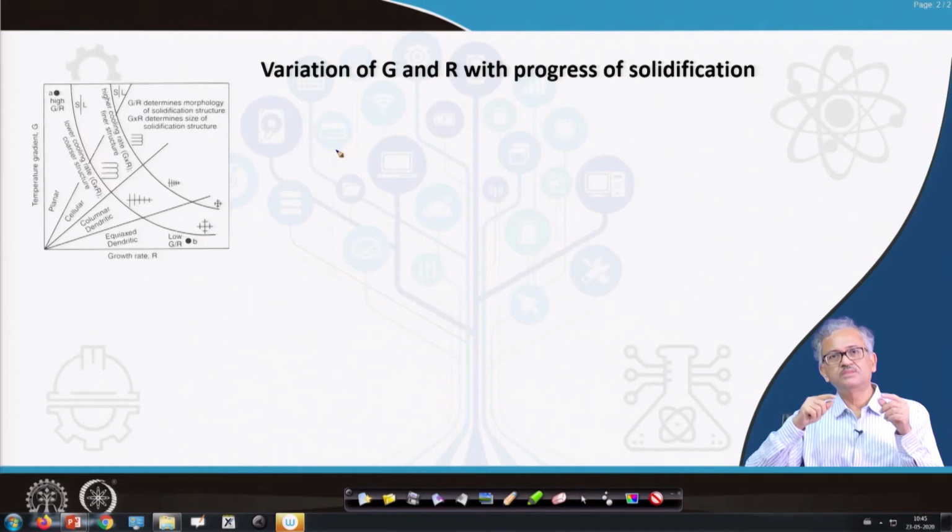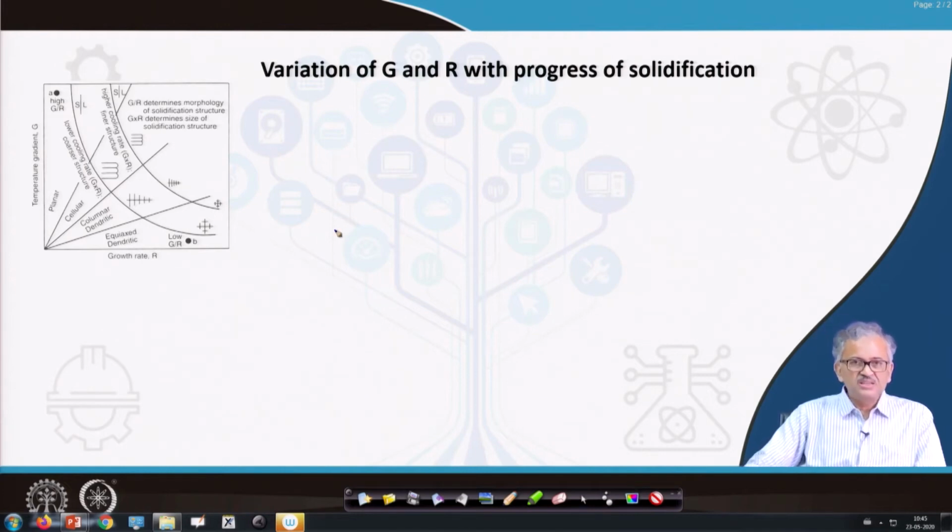Initially the thermal gradient is very high, because the mold is at 30 degrees centigrade and the liquid is at pouring temperature, maybe 1560 degrees centigrade. So a huge temperature gradient is there. Initially you have a large temperature gradient and the solidification rate is less at that time. As a result, your G by R is a very large value.